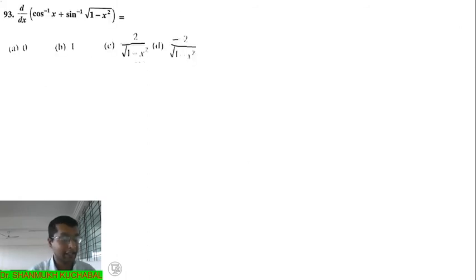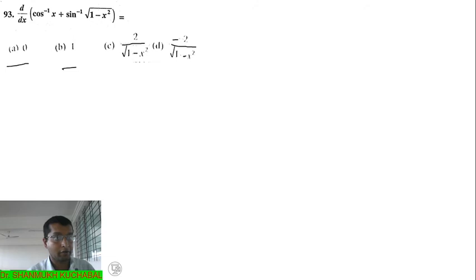So next example: d upon dx of cos inverse x plus sine inverse of root of 1 minus x square is equal to. The first option is 0, second is 1, third is 2 divided by the square root of 1 minus x square, fourth option is minus 2 divided by the square root of 1 minus x square.